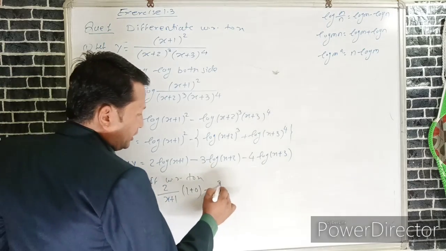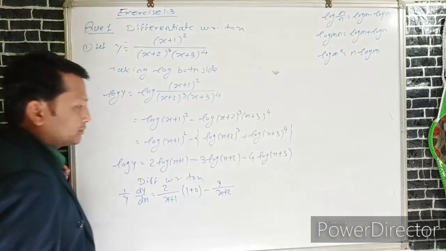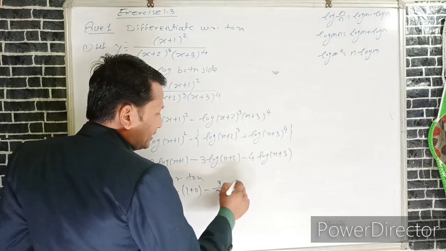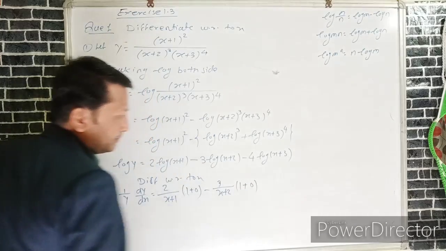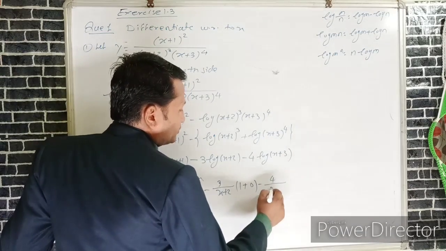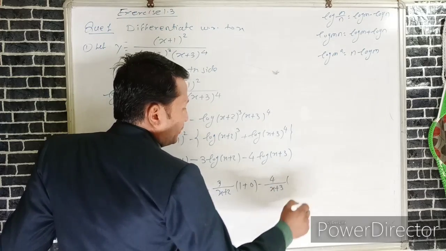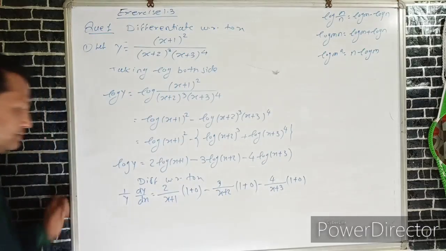Minus 3 upon (x plus 2), and again the derivative of x is 1 and of 2 is 0. Again, minus 4 upon (x plus 3), where the derivative of x is 1 and of 3 is 0.